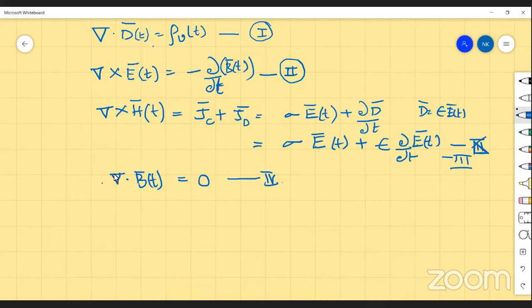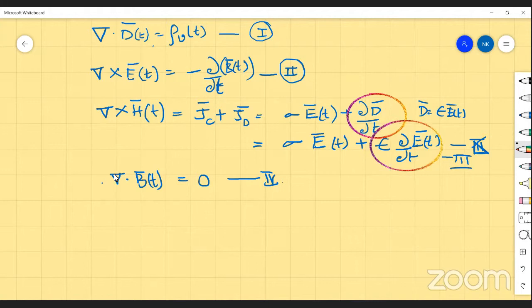Now compared to the static fields, which terms are different here? This is one term. Same term.